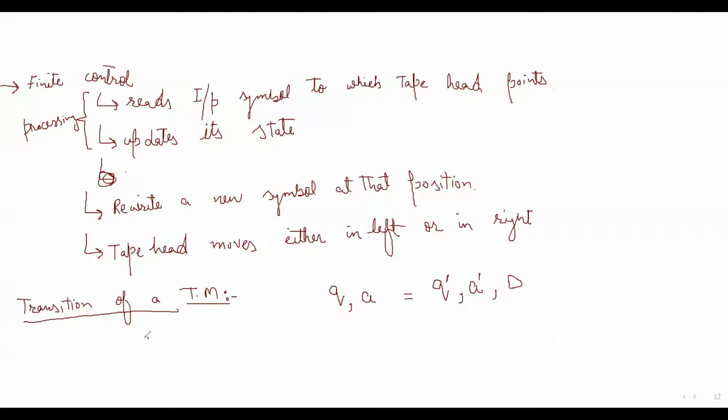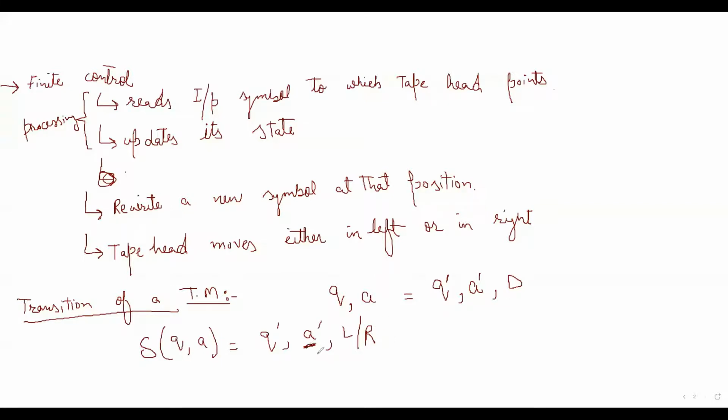So the transition in case of a Turing machine is like this: Q, A goes to Q dash, A dash, and direction. This direction can be left or right. If I write L, the tape head will move in the left direction. If I write R, the tape head moves in the right direction, but it will move after writing this new symbol.